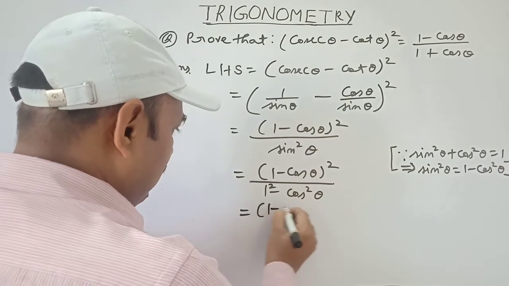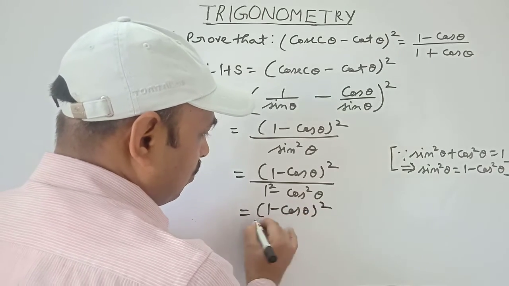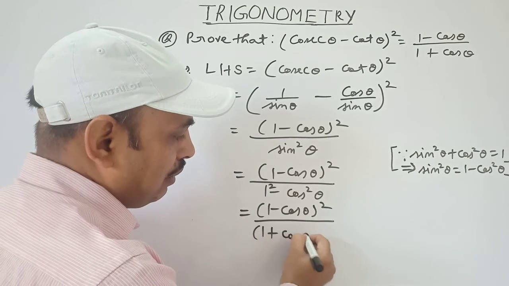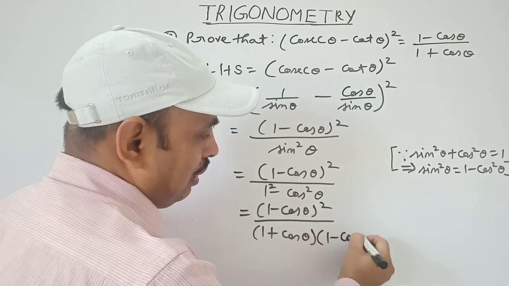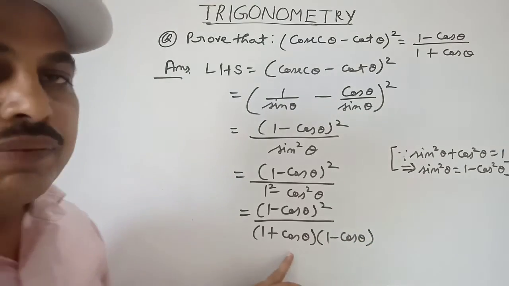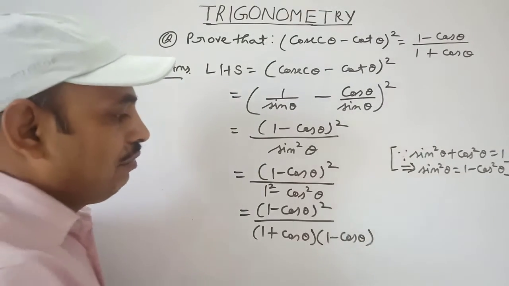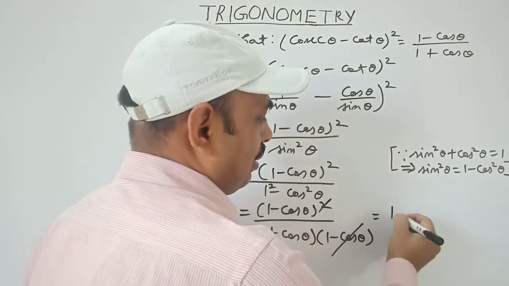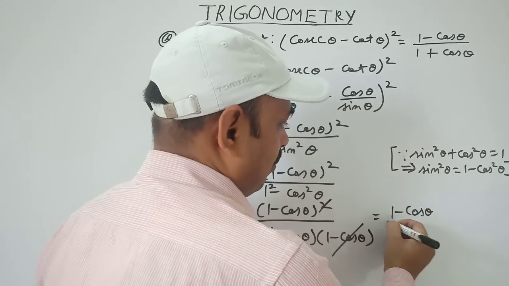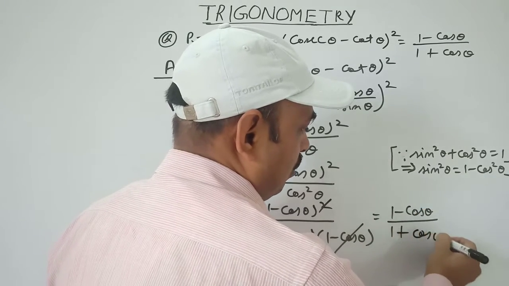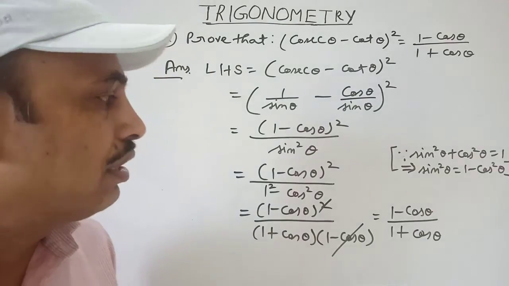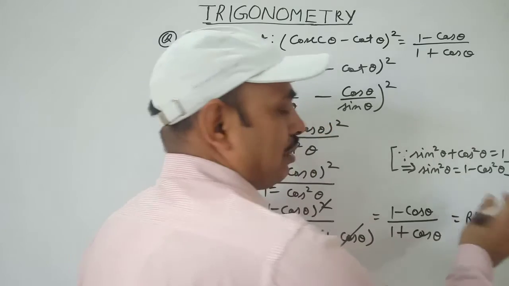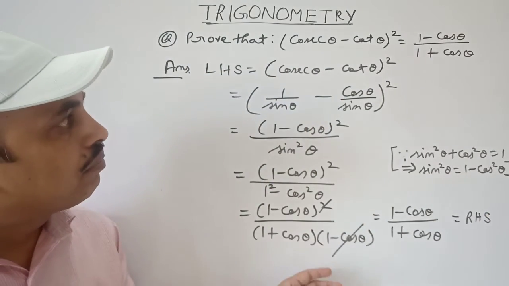So equal to (1 minus cos theta) whole square upon (1 plus cos theta) into (1 minus cos theta). 1 minus cos theta will cancel, so we have (1 minus cos theta) upon (1 plus cos theta), which is equal to RHS. So this is our proof.